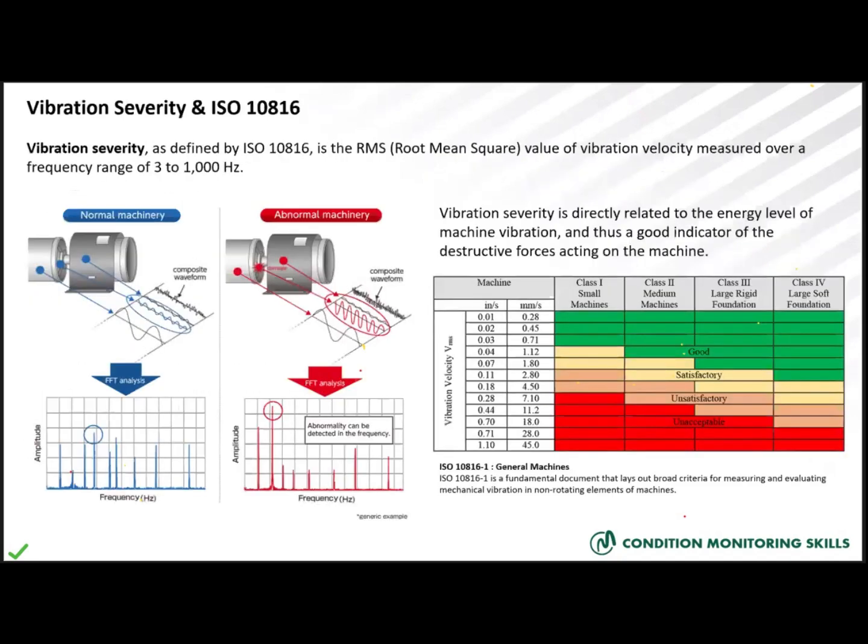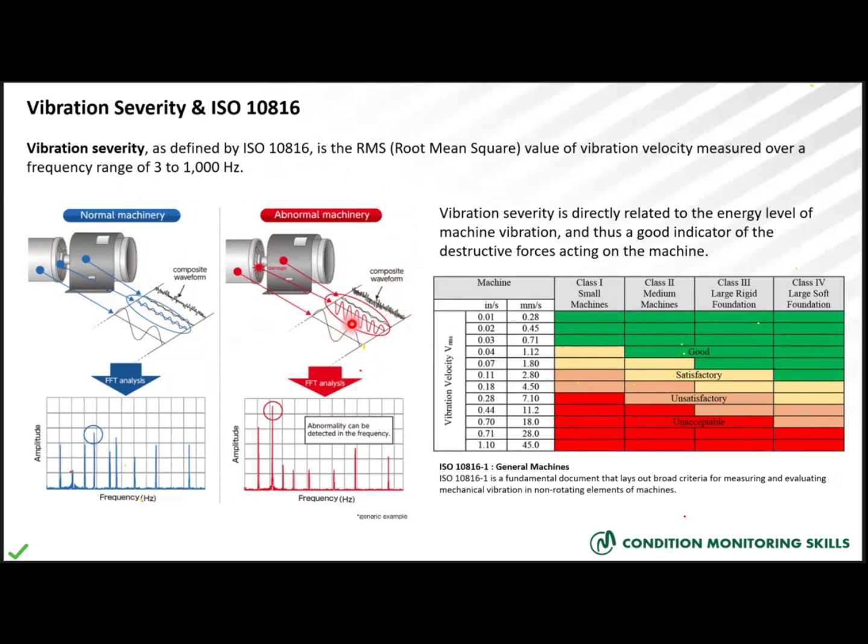That's why we use the vibration severity chart, or the ISO, which refers to the International Standardization Organization, 10816. Since there is always vibration from any equipment, as you can see here, this is a normal machine and this is an abnormal machine.